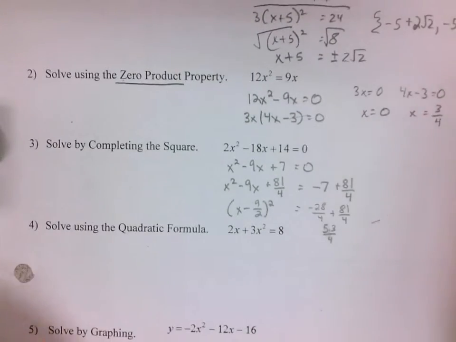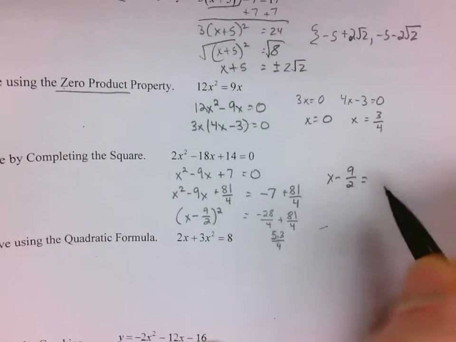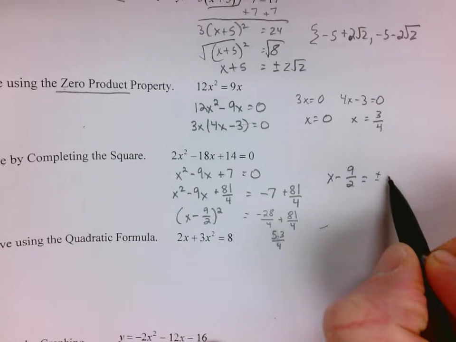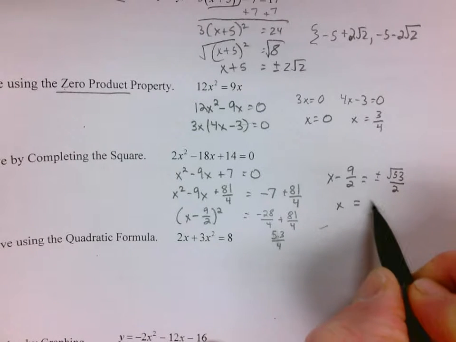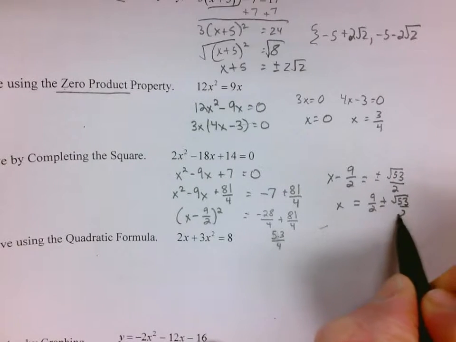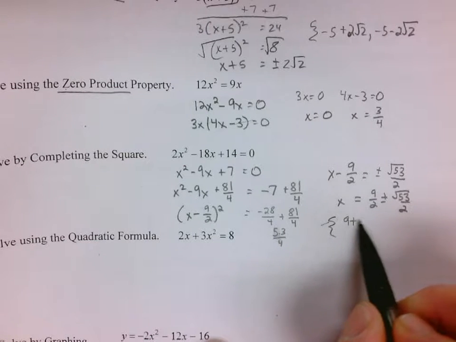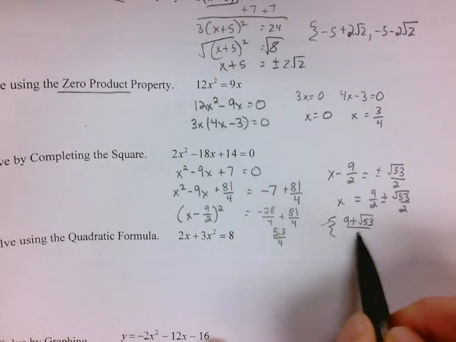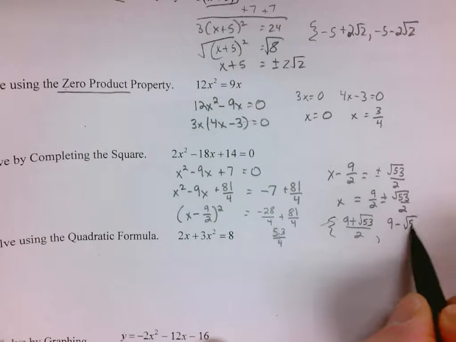So I can take the square root of both sides and get x minus 9/2 equals plus or minus radical 53/4, which is radical 53 over 2. So your final answer, 9/2 plus or minus radical 53 over 2. When you write it as a solution, it's 9 plus radical 53 over 2 and 9 minus radical 53 over 2 because they have a common denominator.